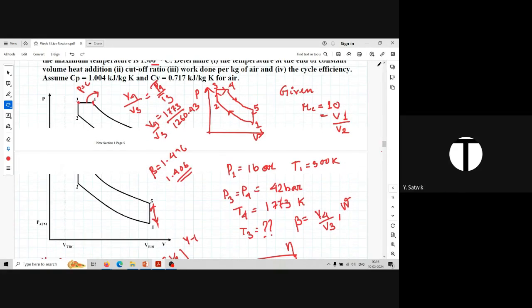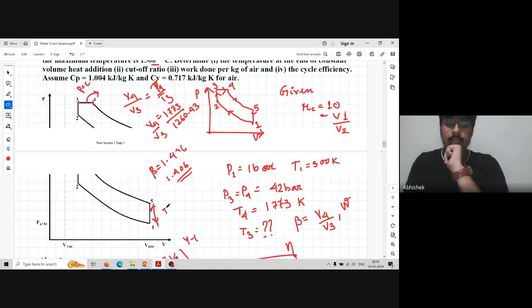It's a constant volume process, so we can take it from there. We'll calculate T5 by T1. We know that it will be constant volume process, so P5 by P1. This you are telling, right?